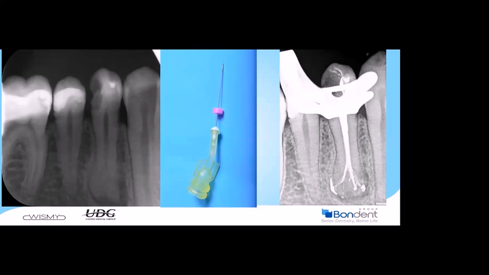So after the shaping, we irrigate between 20 and 30 minutes more in order to try to clean the lateral canals, the dentinal tubules, those parts that our files cannot reach. For example, in this case that we did in a lower premolar, we can see a bifurcation, we can see some lateral canals that were filled thanks to the irrigation.